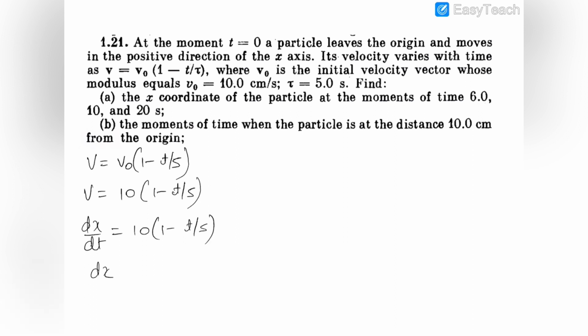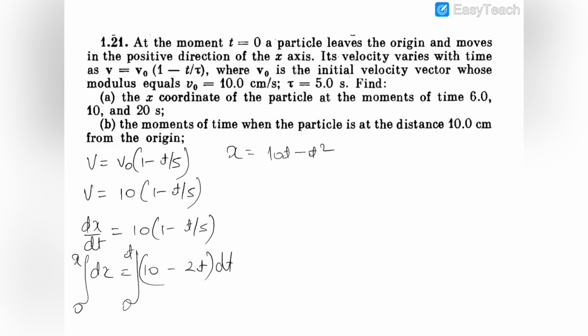So dx is equal to 10 minus 2t into dt, and integrating both the sides, the limits would be from 0 to x and 0 to t. So x would be equal to 10t minus t square.